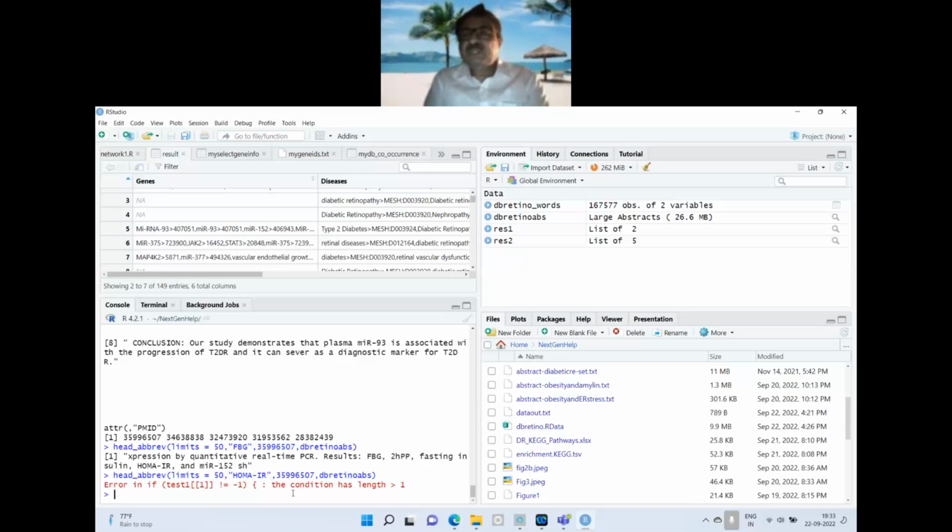So then we have no option but to look elsewhere. HOMA-IR is probably not a gene that we can know from the PubTator table. So it is some other method, and then we have to use other Google searches and other methods to know what it is.